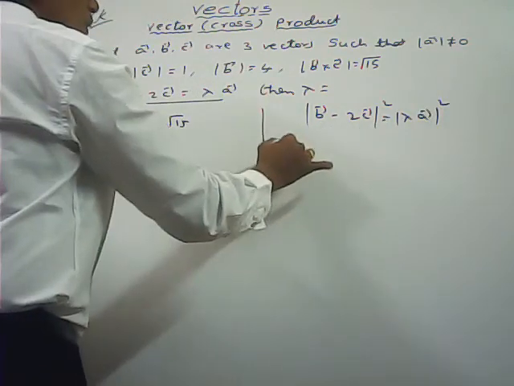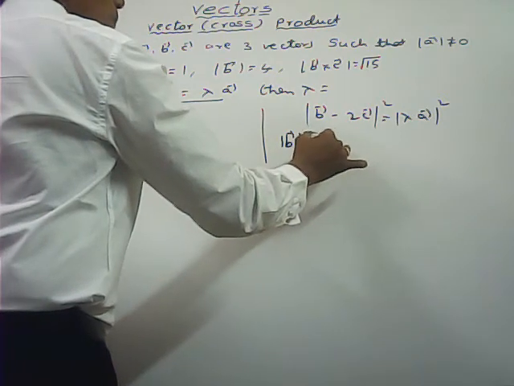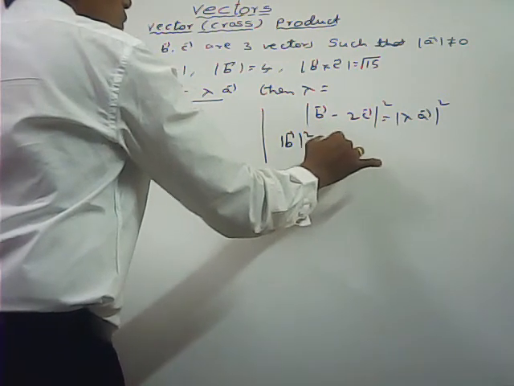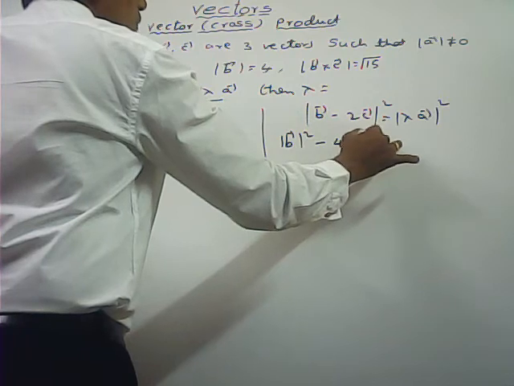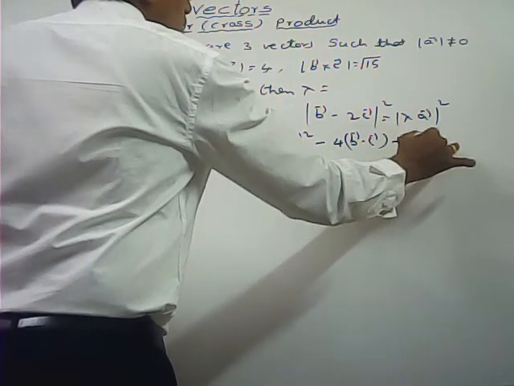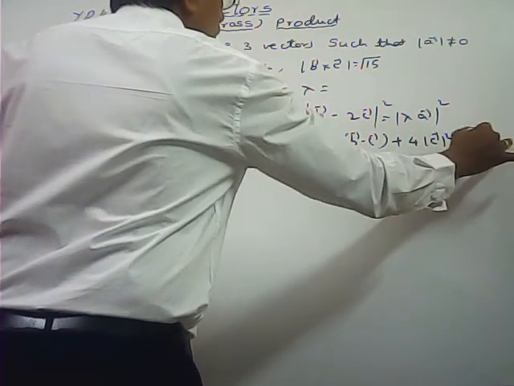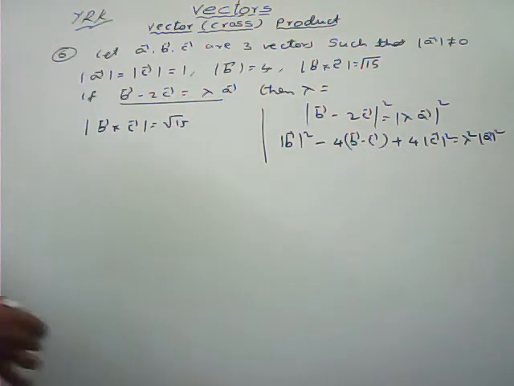So we can write modulus of b bar square minus 2ab, that is 4 into b bar dot c bar, plus 4 into modulus of c bar square, that is equal to lambda square into modulus of a bar square. That one we got.